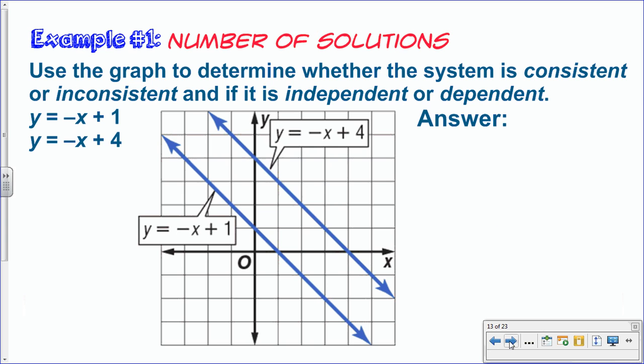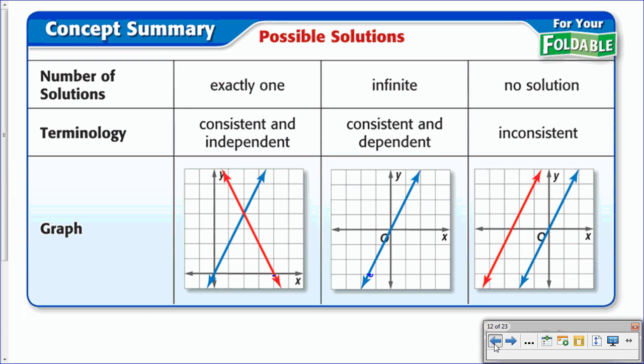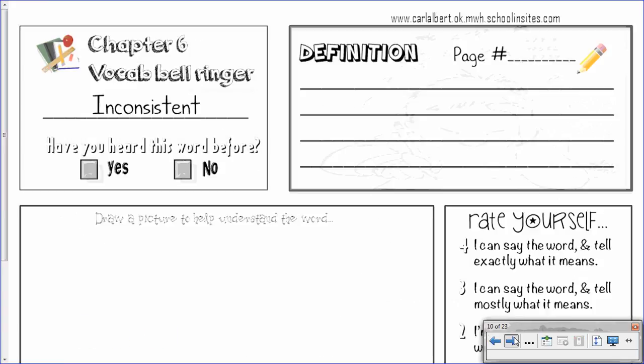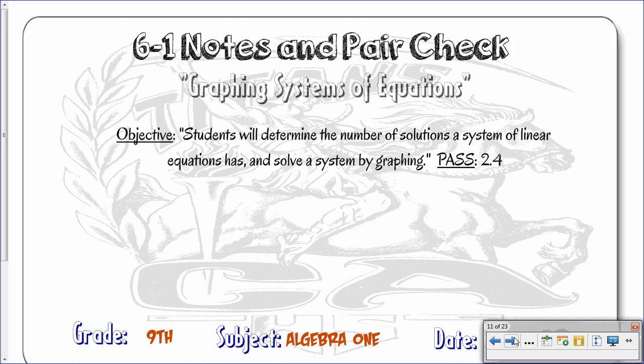Okay, let's go ahead and get started with the notes, guys. 6-1, you'll need to turn that in before you leave today.